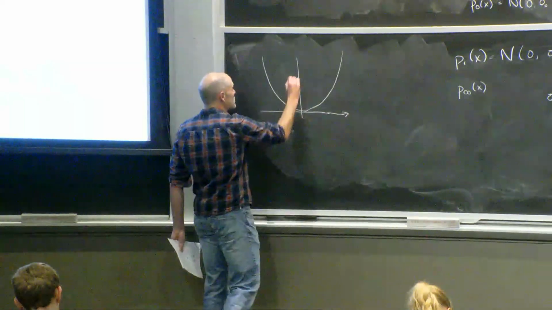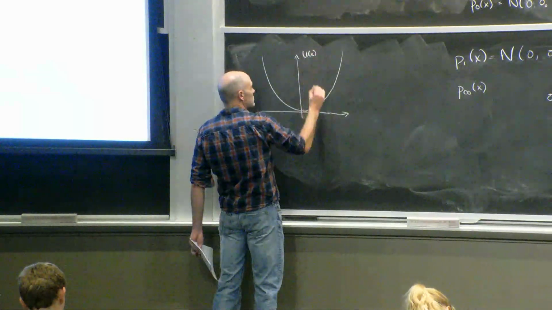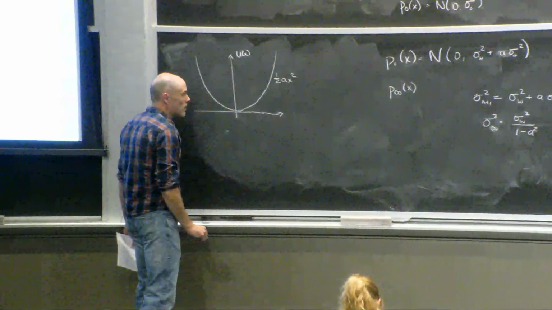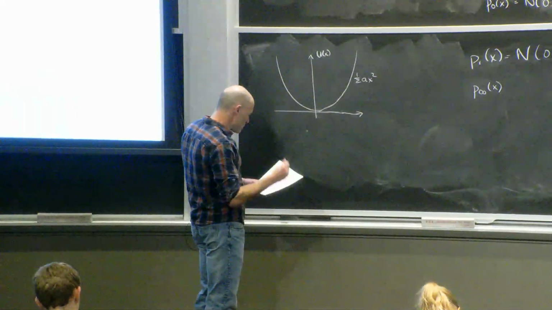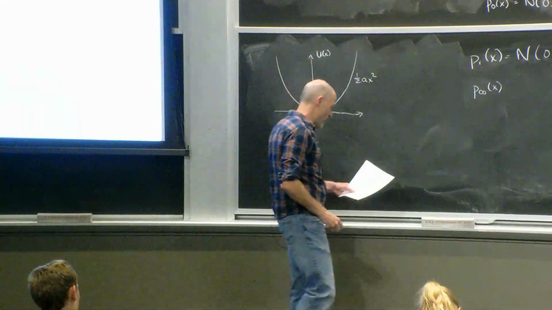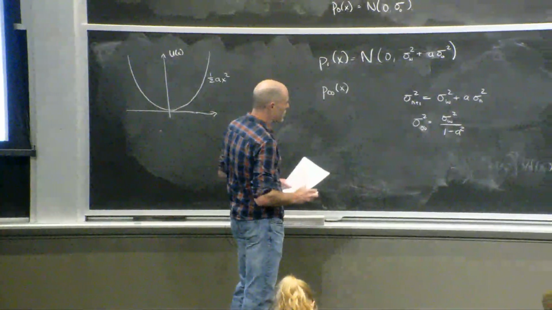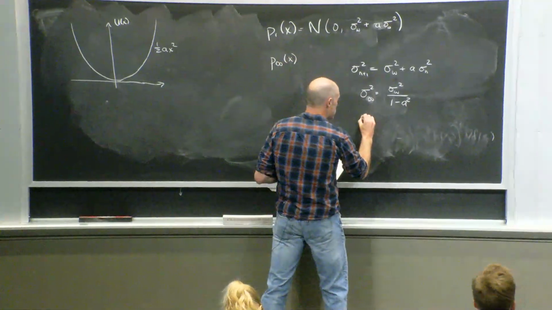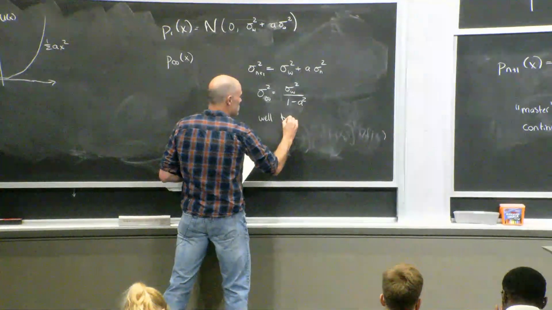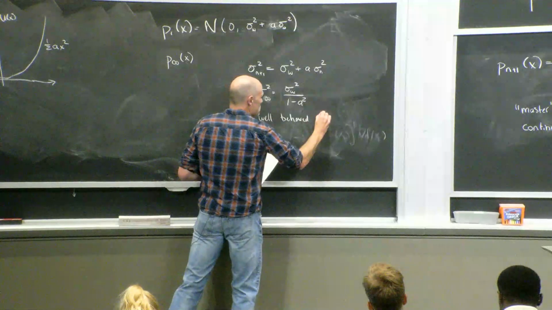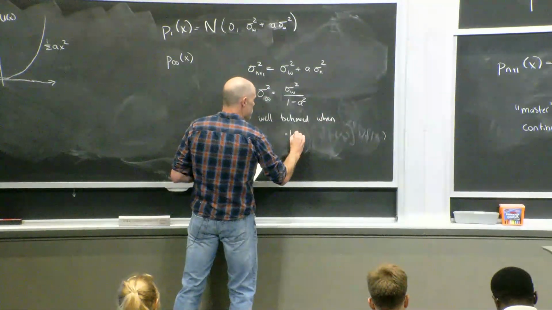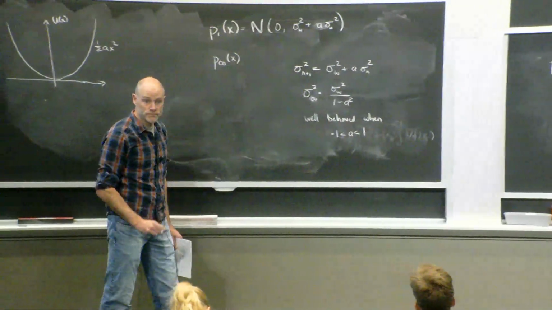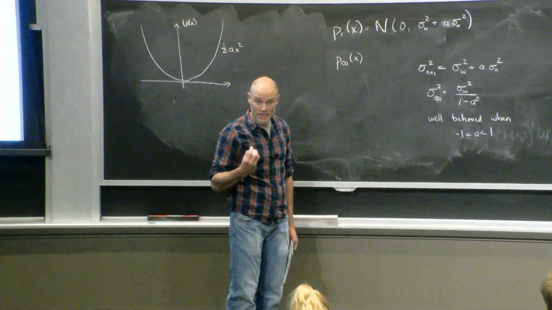So if I have my potential function on this linear system like this, and the curve here is 1/2 a x squared, okay? This is well behaved for the discrete time system when a is between -1 and 1, which is exactly when the discrete time system is stable.